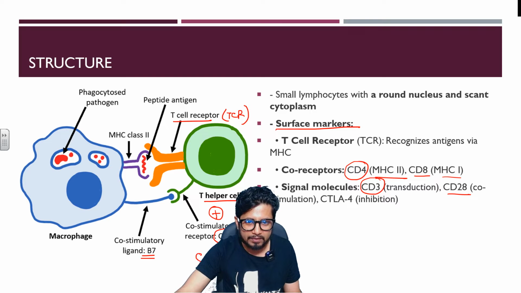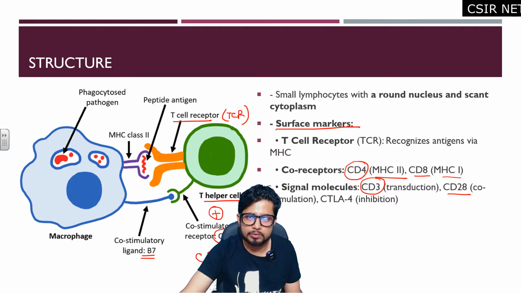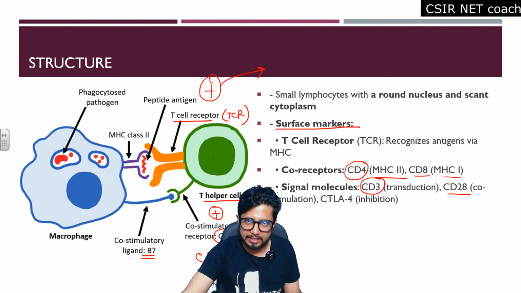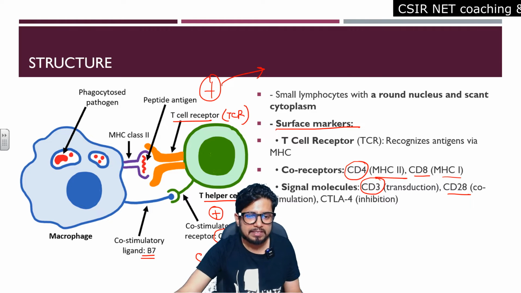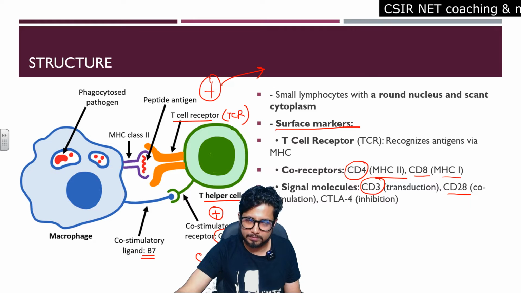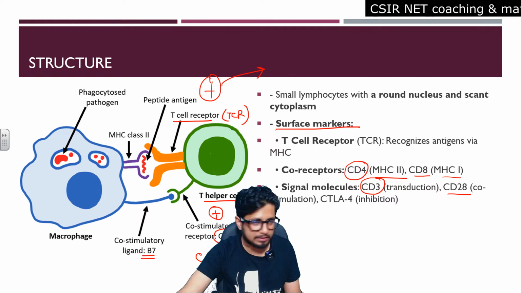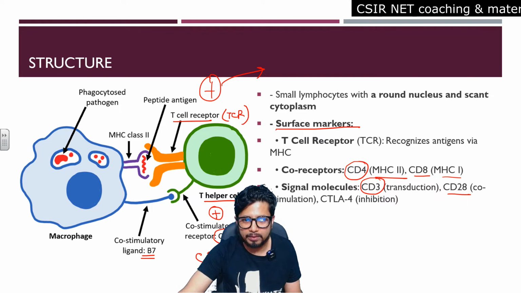Similarly, they also have CTLA4 on the T helper cell that acts as a negative influencer. If the T helper cell engages CD28 with a cell of the immune system like a macrophage, there is positive reinforcement and T cell activation will be done. But if the T cell engages CTLA4, then T cell activation will be halted, because CTLA4 acts as an inhibitory signal.